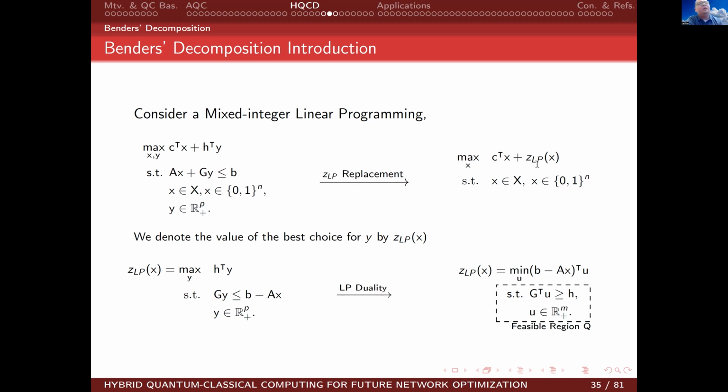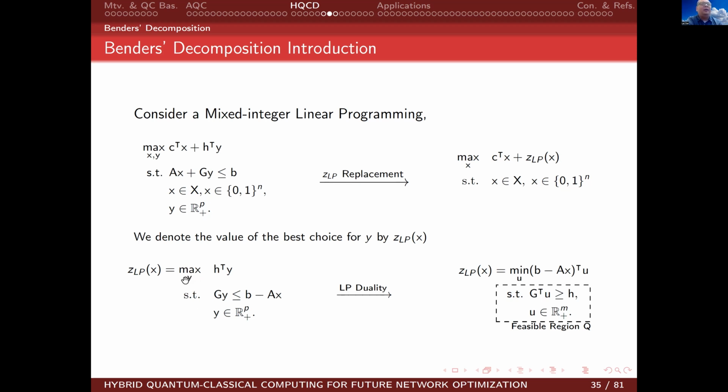This function is not a very simple function like a quadratic function. This function is an optimization problem. For this function, there are two ways to represent it. One way is that we use this optimization model to represent it.